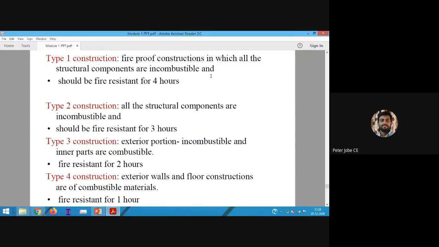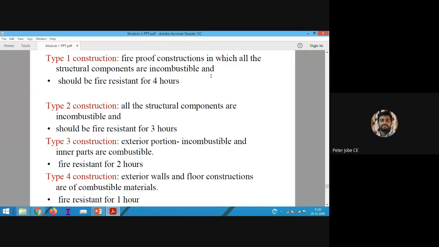Still, we will label or categorize all those doors and windows to be fire resistant. It might not have a fire resistance of 4 hours. The best quality doors might have a fire resistance of about 30 minutes.